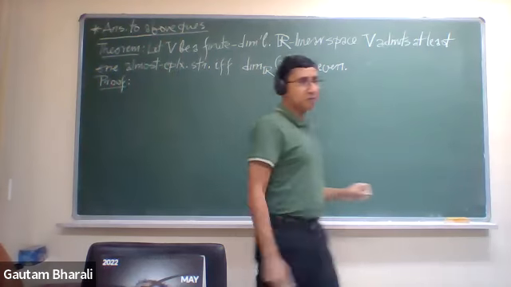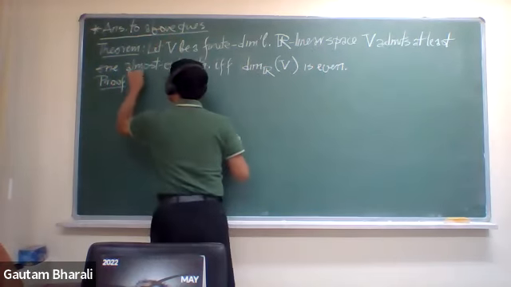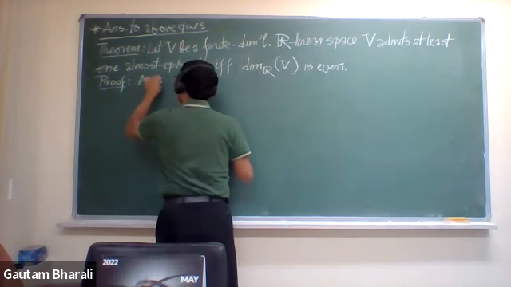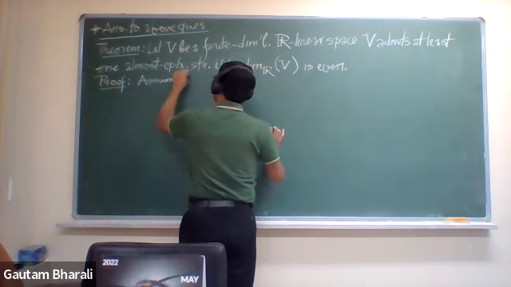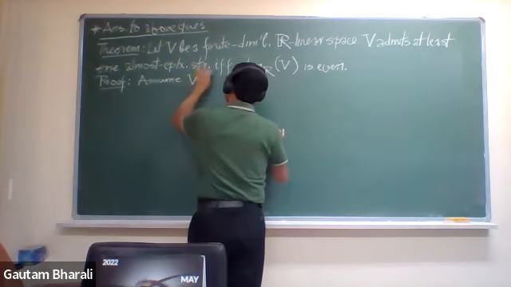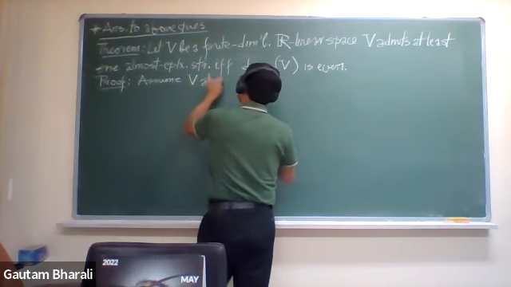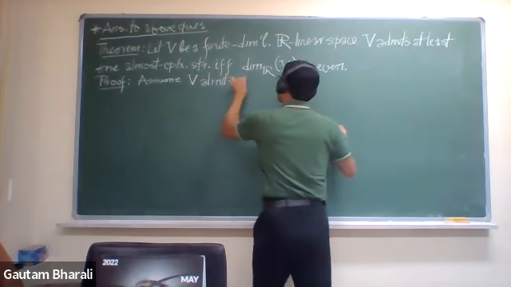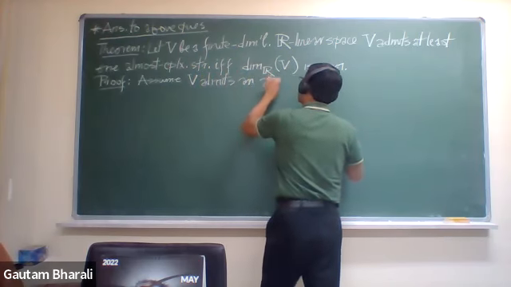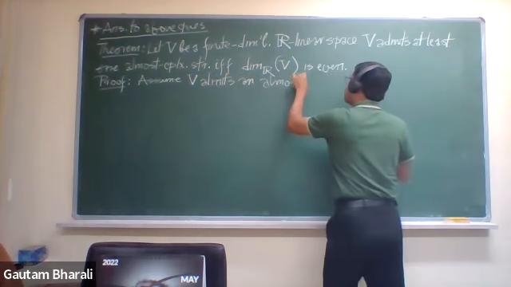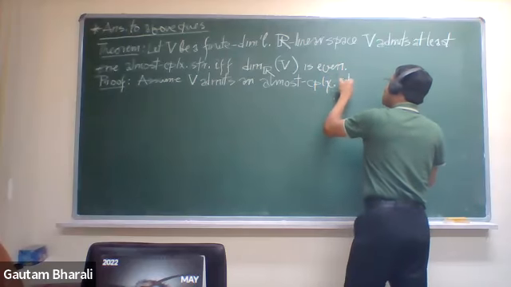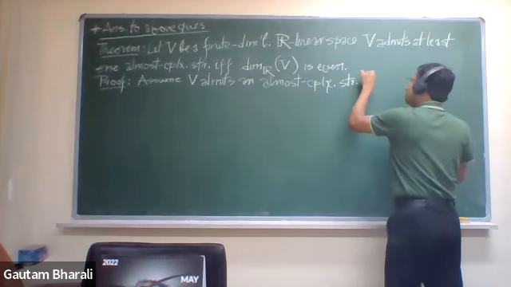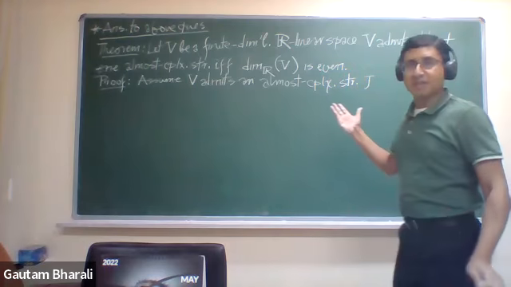So I'm first going to assume that V admits an almost complex structure J. Well, so there is this identity, right?